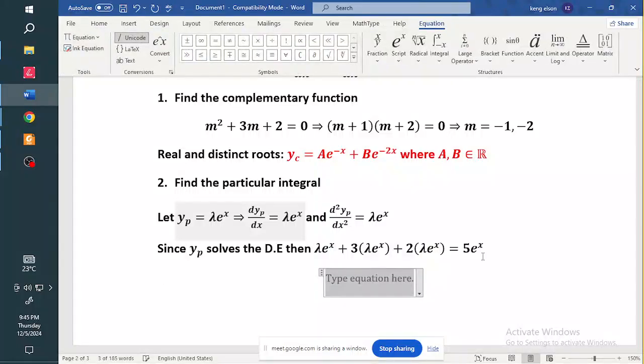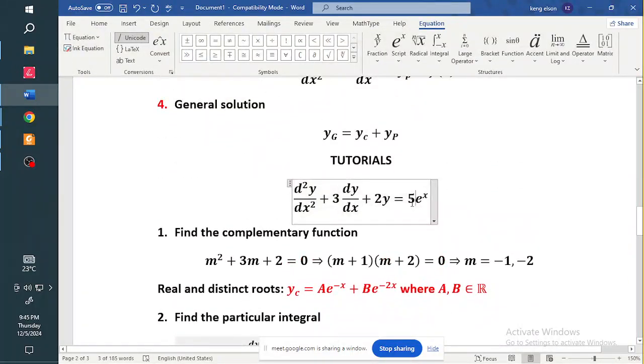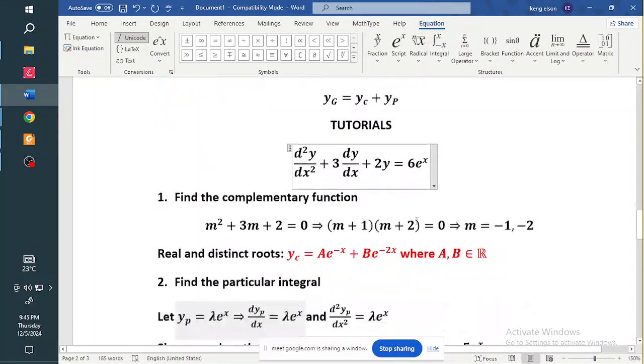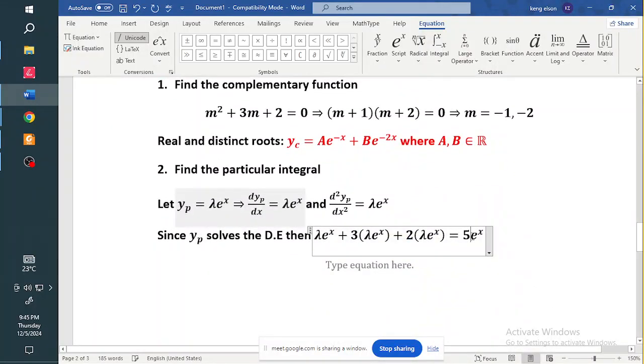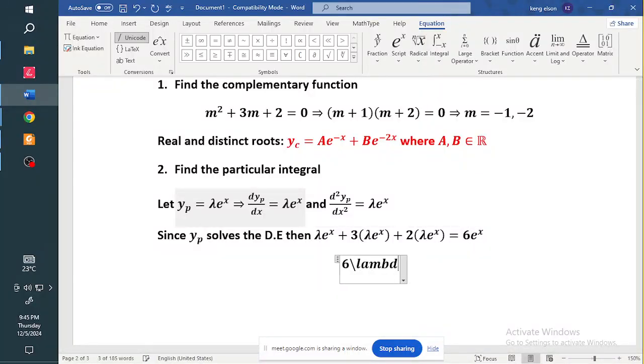At the end of the day, I don't want to have constants. Let me just put 6 here. So I'm going to equate it to 6 instead. So at the end of the day, 6 lambda e to the x is equal to 6e to the x. And with that, we can just divide all through by e to the x, and we have lambda is equal to 1.